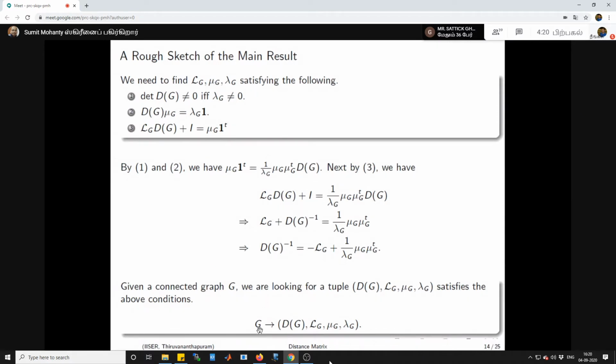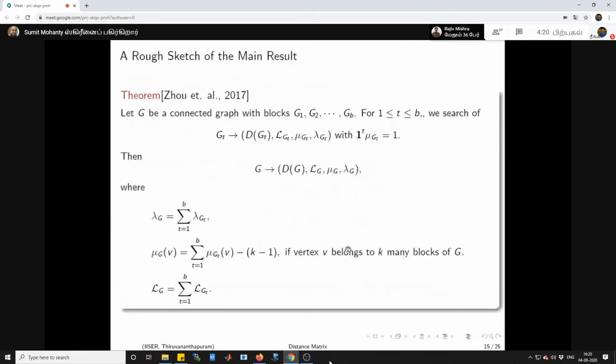So given a graph, we need this quadruple. If we get this quadruple, then we have the inverse of the form we are interested in. In 2017, this is a remarkable result by Zhao, but the original idea is in the first paper of Bapat and Sivasubramaniam.